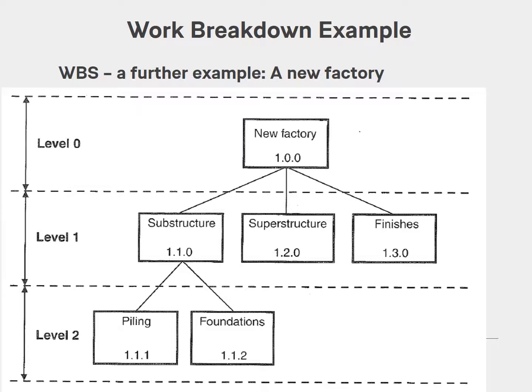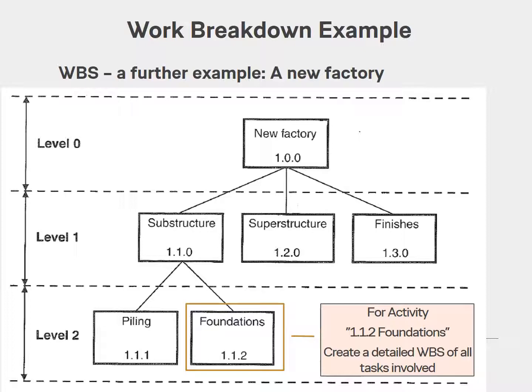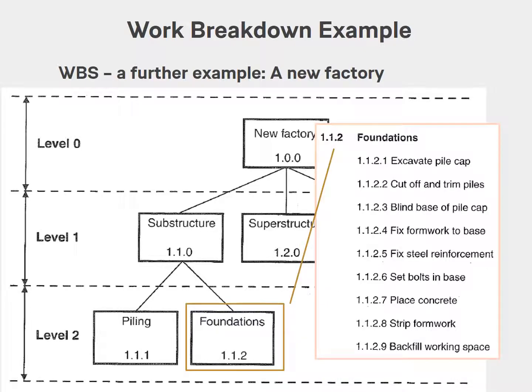At level 2, you have divided the substructure into piling and foundation, as an example. You could continue this even further. For example, activity foundations 112. You could create a detailed work breakdown structure of that also, to get an even more detailed overview of your project. As an example, you have here foundation split into nine different tasks.